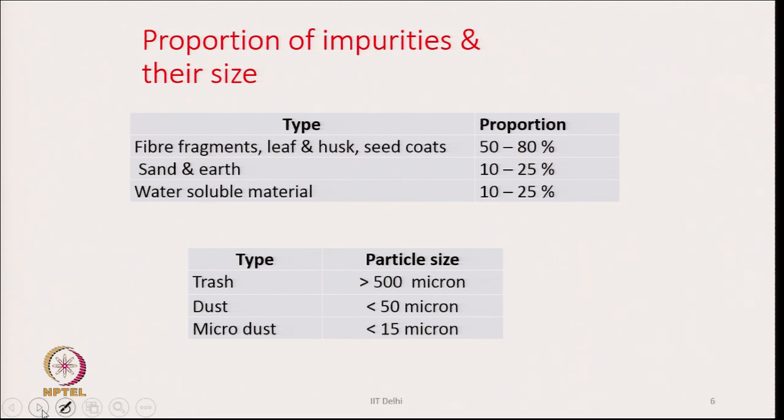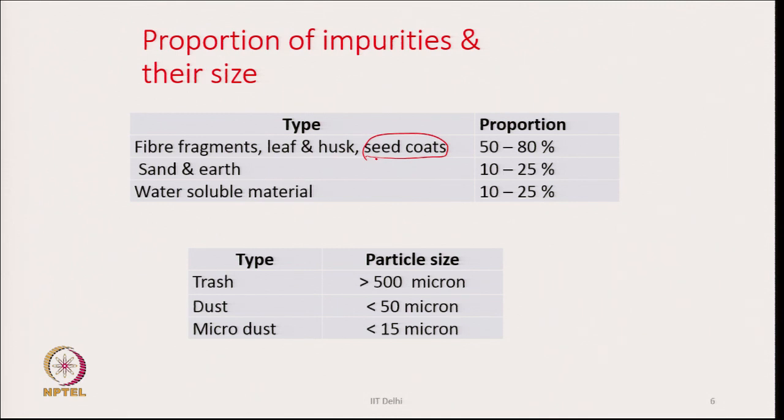So, roughly we can say that among these impurities there are fiber fragments, leaf, husks and seed coats. What are seed coats? Seed coats are basically fragments of seeds.